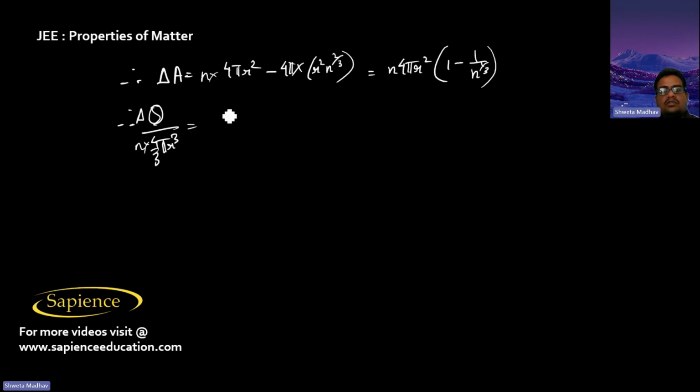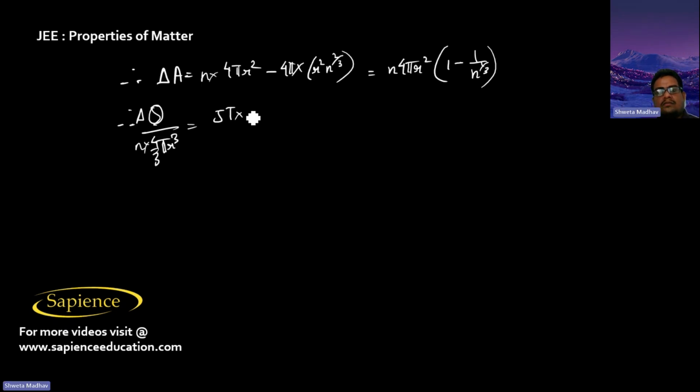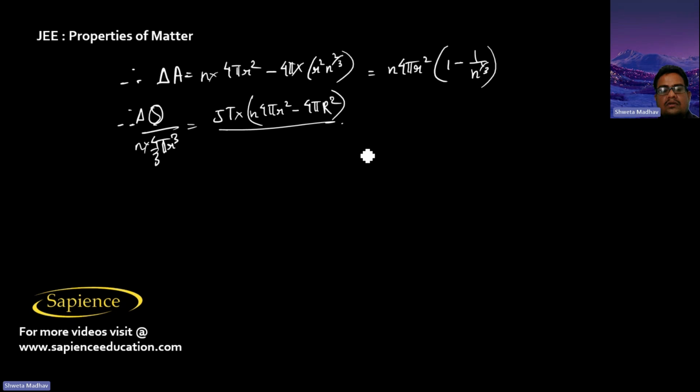So that is JT into delta A, which is N into 4 pi r square minus 4 pi capital R square, divided by... delta Q will be delta W by J. J is the mechanical equivalent of heat, so it is divided by J.